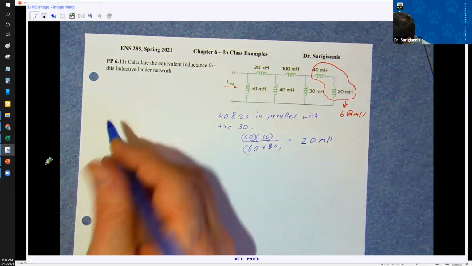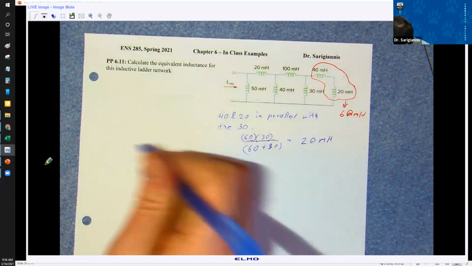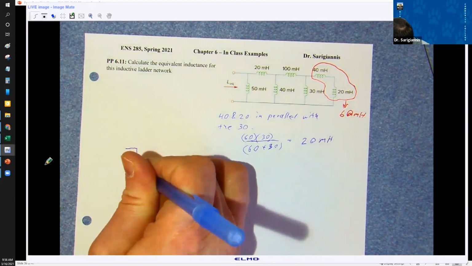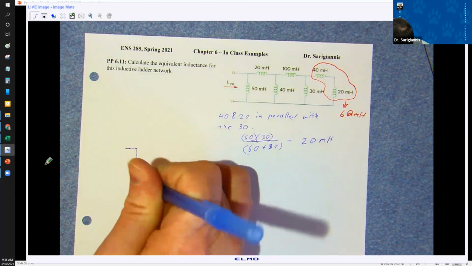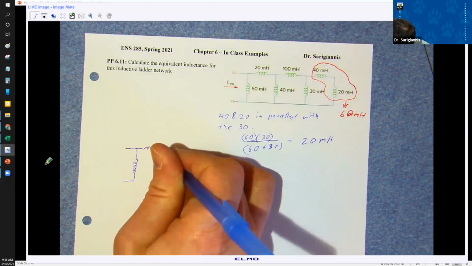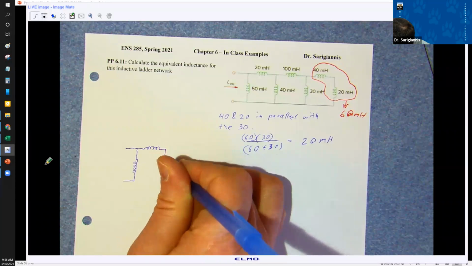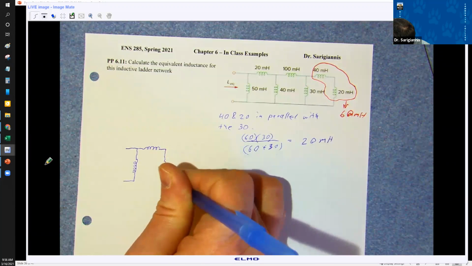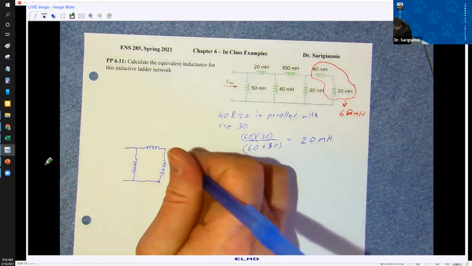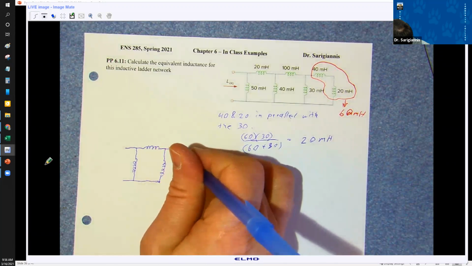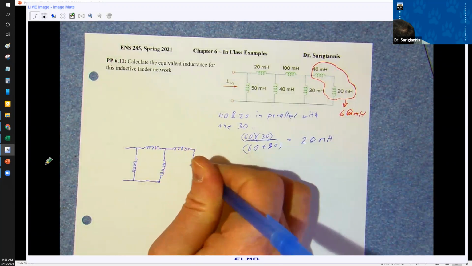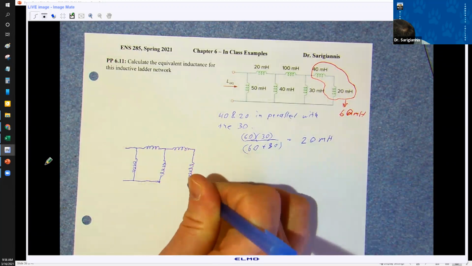So I'm going to redraw the circuit. I'll draw it like this. Inductors are a little easier to draw because you get this whole curly Q thing going. It's kind of fun. Curly, curly, curly. All right, let's see. I need a few more. I got the 100, and this is the one I just came up with.